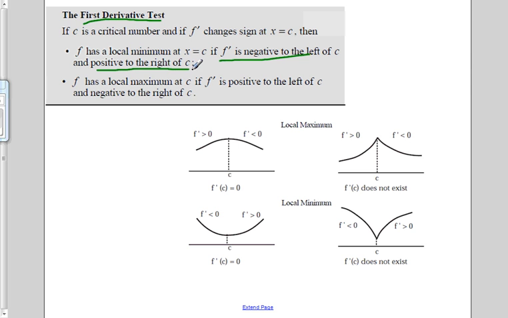So when you're proving that something is a local min or local max, especially on the AP test, you'd say this is confirmed via the first derivative test. So that's your rationale, that's your proof. And a local maximum has the derivative positive to the left and negative to the right. We've seen this a bunch, but now we're formally calling this the first derivative test.